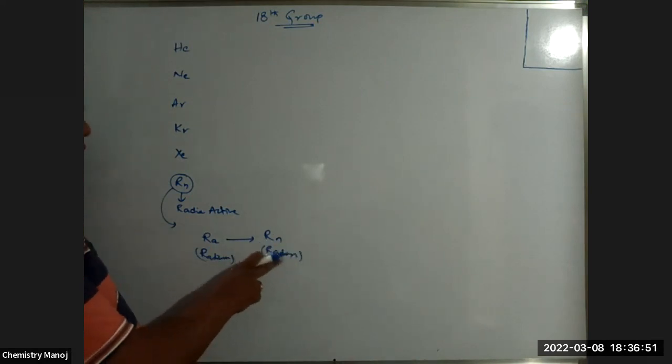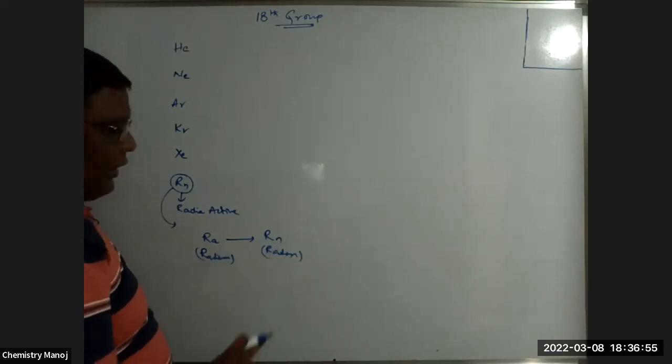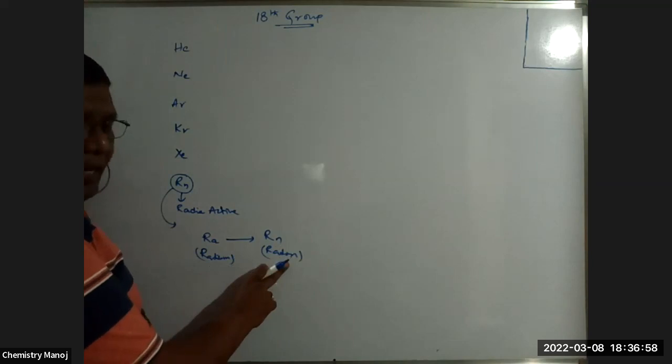So a new element comes from radium, that is called radon.